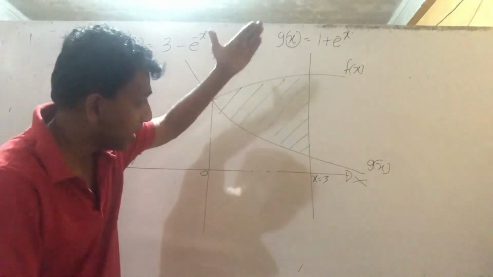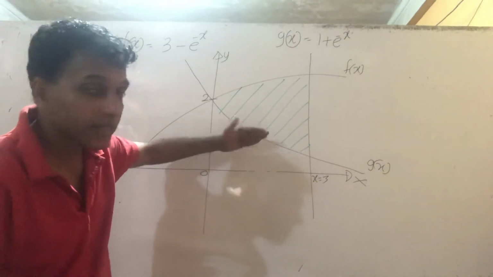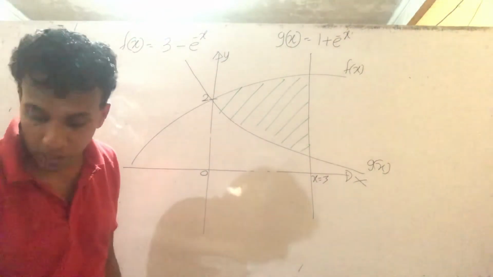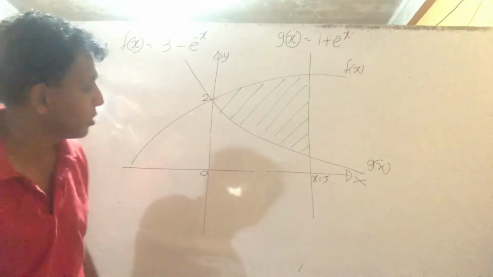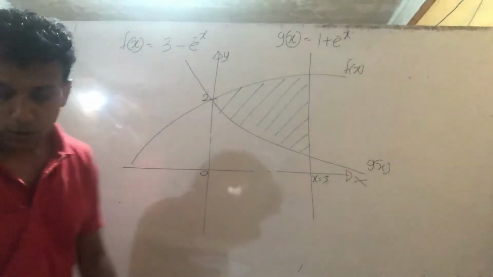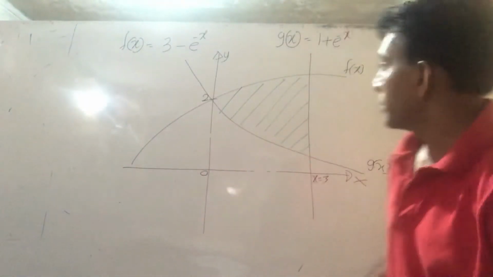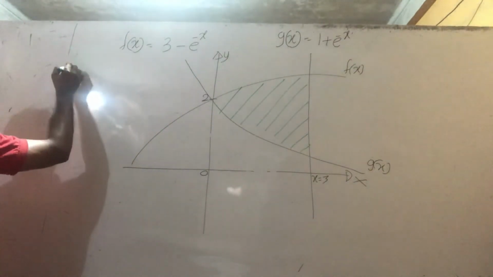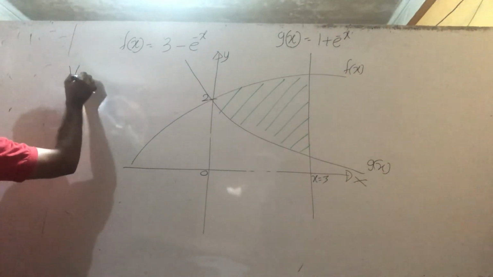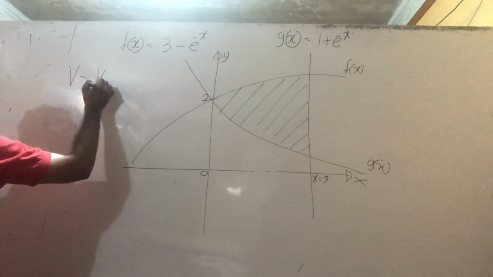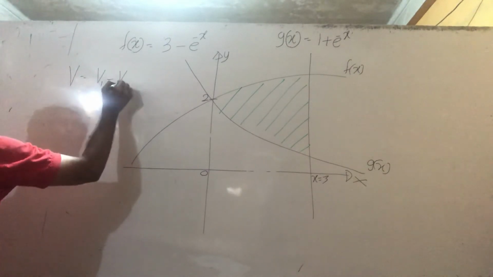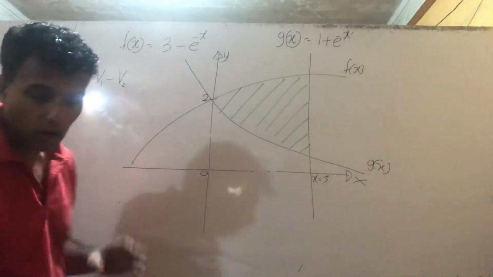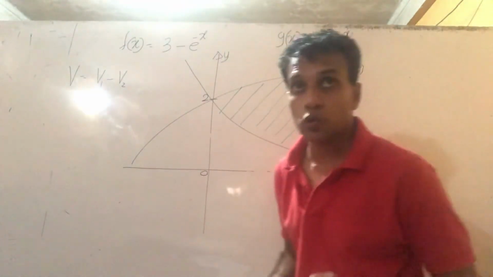Find the large volume, subtract the other volume, and that becomes the answer. So I write here: required volume equal to V1 minus V2, right?